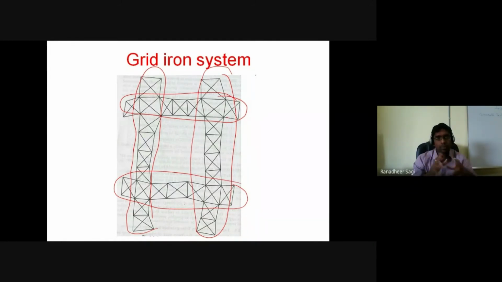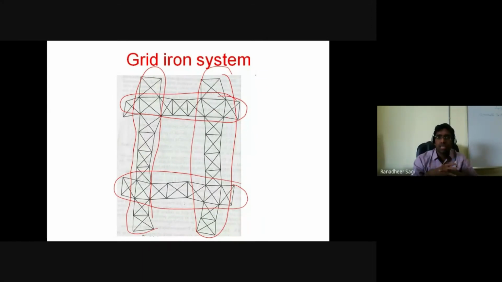So still in that primary triangulation network, the gridiron system is specifically adopted in cases where the area of the place for which you are building your triangulation network is relatively very large.